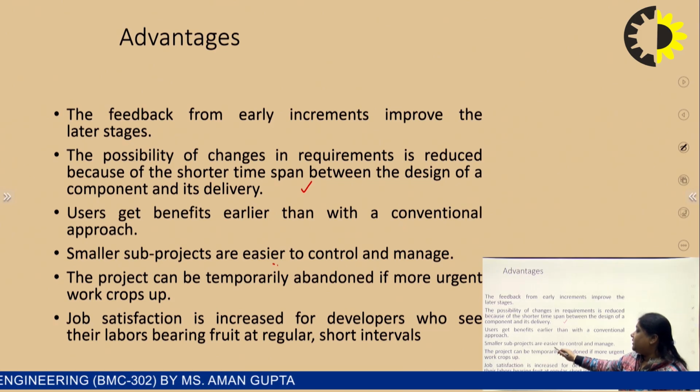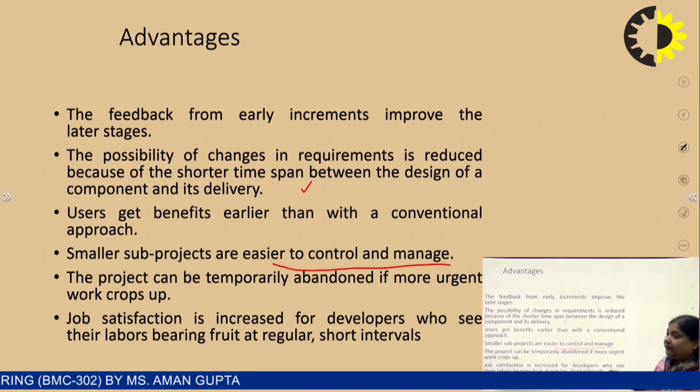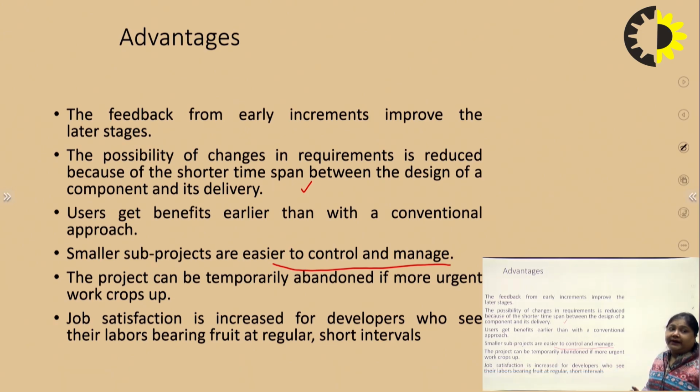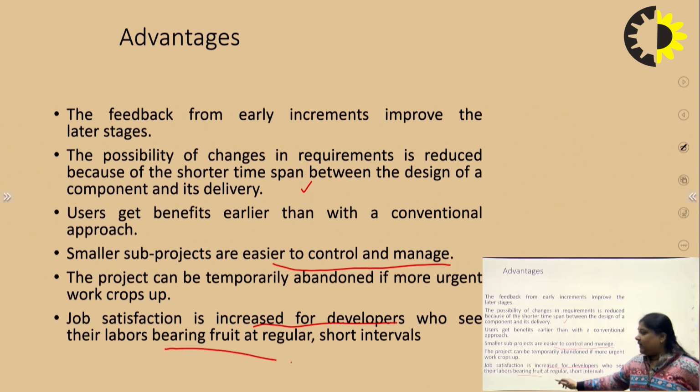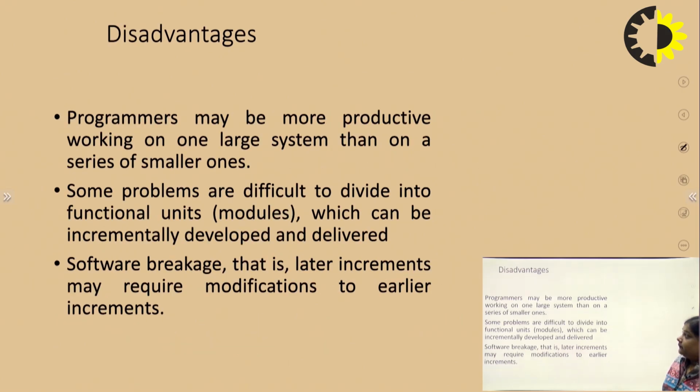Smaller sub-projects are easier to control and manage, as we know that if a big, complex problem is divided into small parts, it is easy to handle. The project can be temporarily abandoned if more urgent work crops up, and job satisfaction is increased for developers because they will see a developed product at regular short intervals.